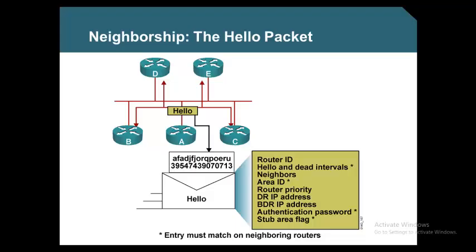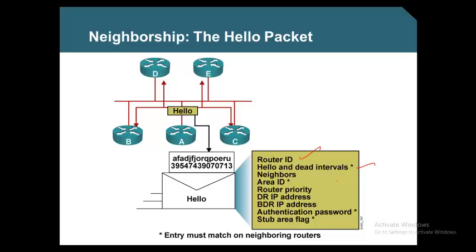Secondly, every router has got a timer, and the default timer is 10 and 40. If you don't change it, it is okay. If you change it, you have to change it on every router. Why? This timer should match.